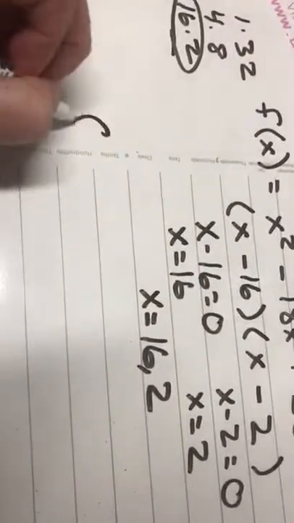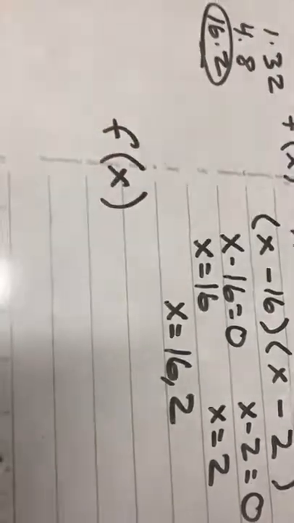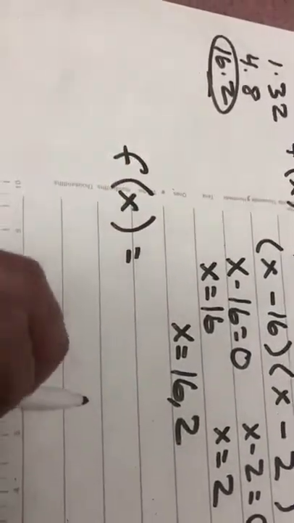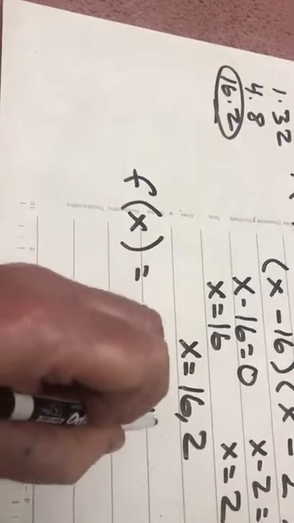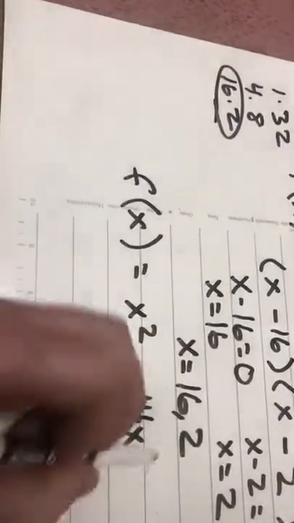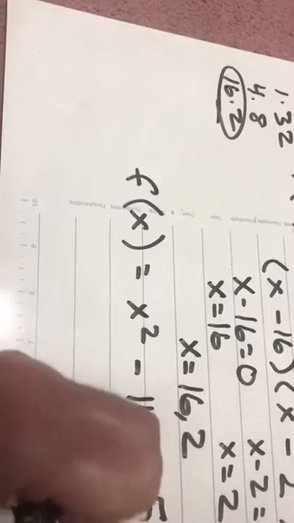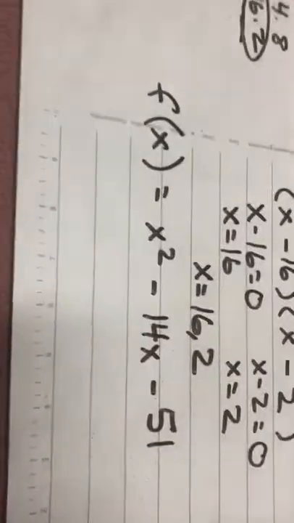All right, so let's look at another one. Let's say that the function of x equals x squared minus 14x minus 51. That looks like a good one.